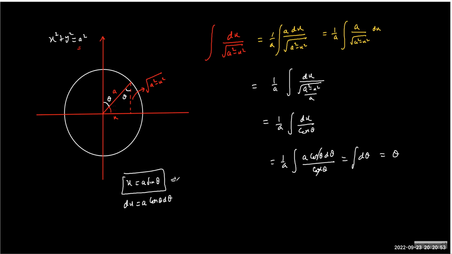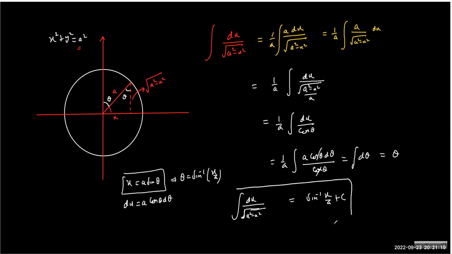So theta here is sin inverse x by a. And so I'm done. Using the circle, we can derive the integration like this. So every trigonometric function we can derive from the circle.